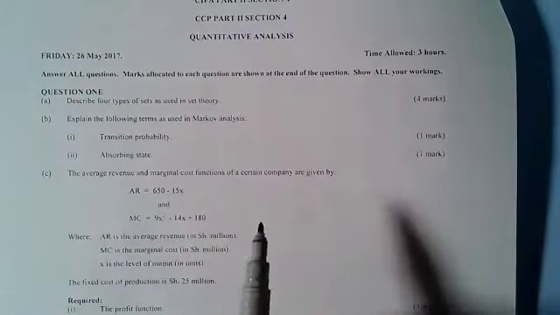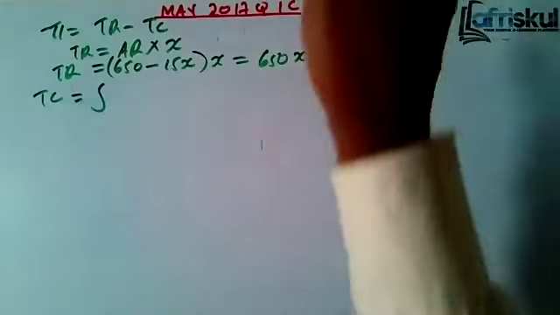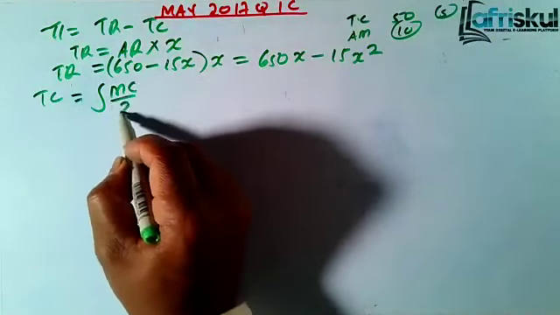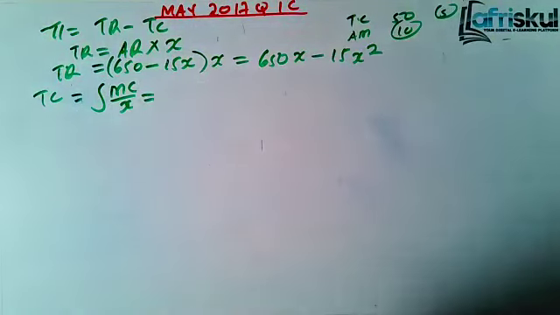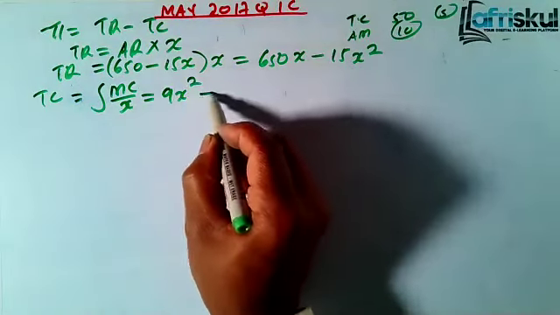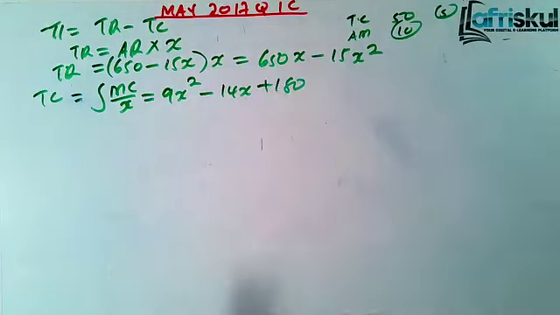So to get the total cost, you integrate the marginal cost with respect to X. The marginal cost you were given was 9x squared minus 14x plus 180.